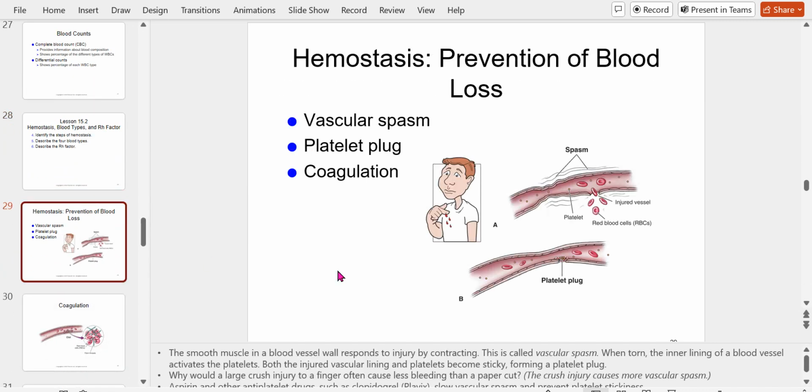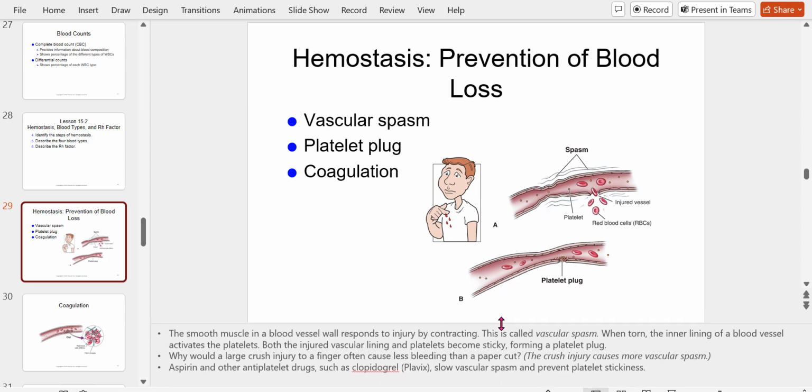So hemostasis, what is it? It's the prevention of blood loss. You'll see what happens when you actually get a cut. You're cutting a blood vessel, so the blood starts to leak into the interstitial tissue, or even to the outside.